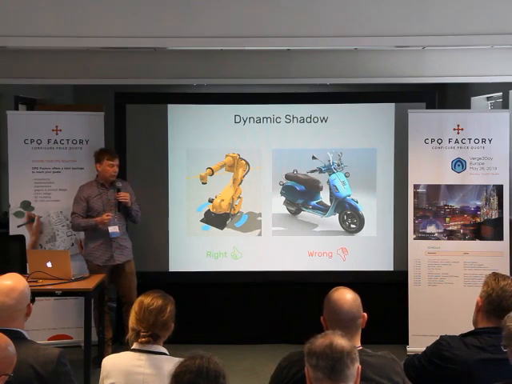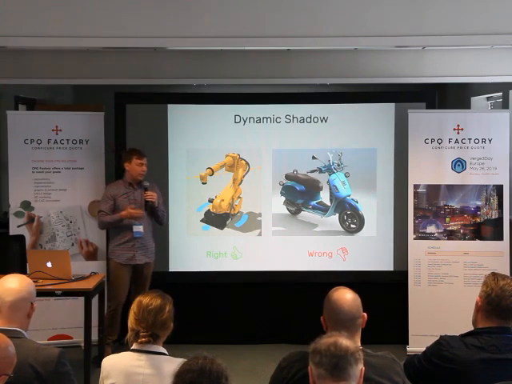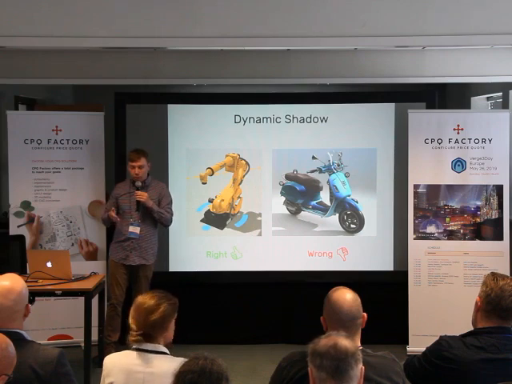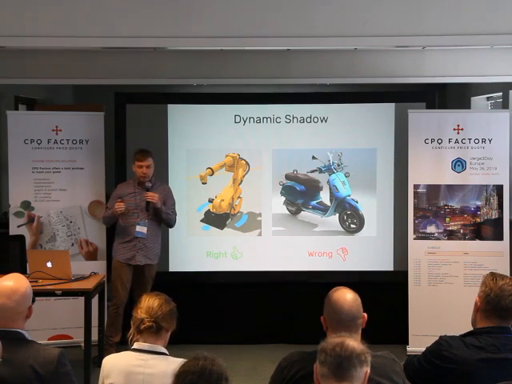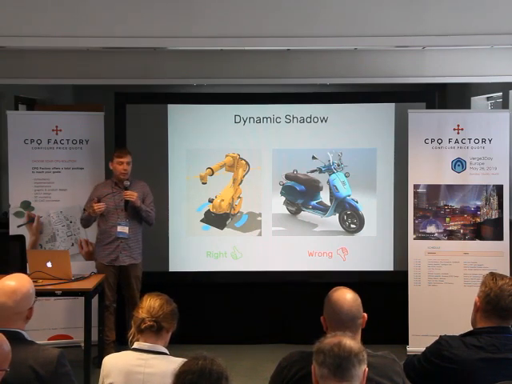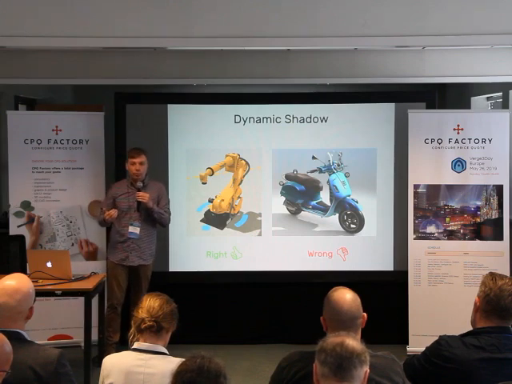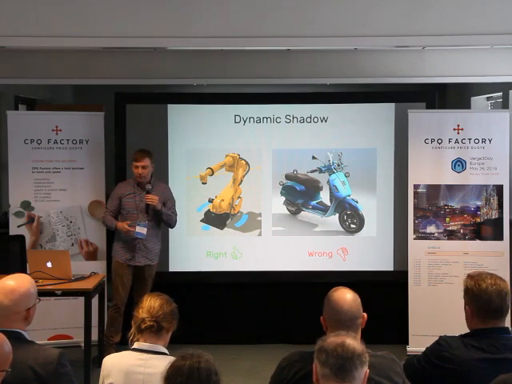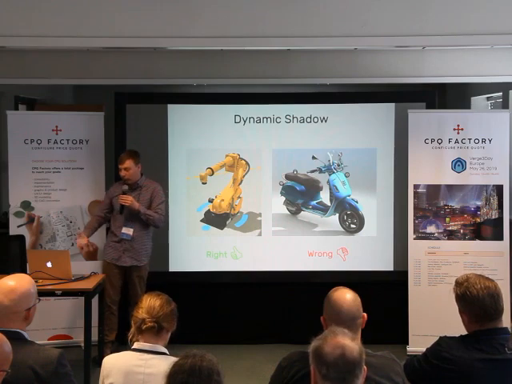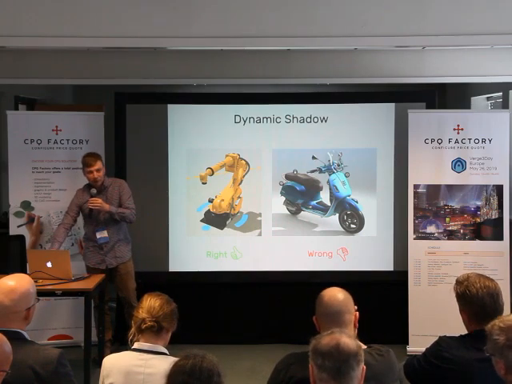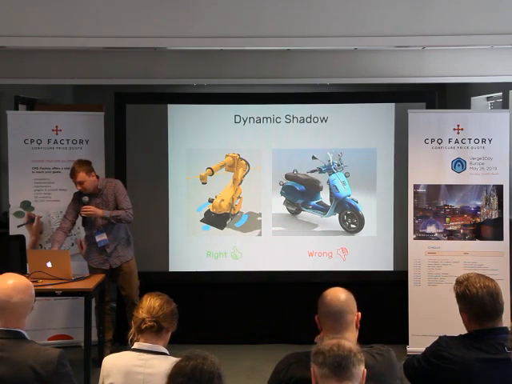So the solution is to use dynamic shadows, dynamic ambient occlusion, and different post-processing effects only if it really helps you to show the product, not just clicking and enabling them everywhere just because they exist.